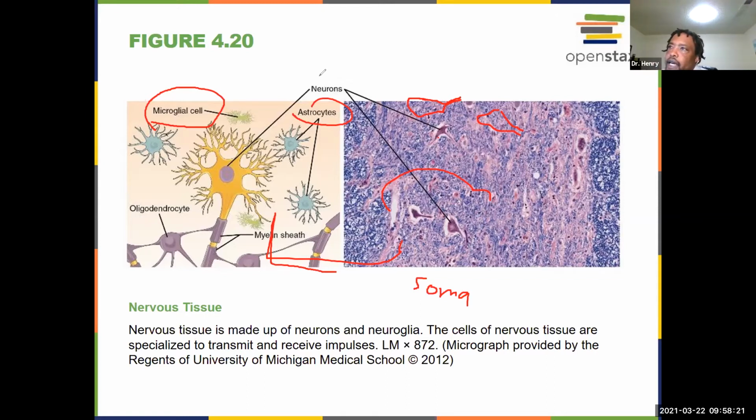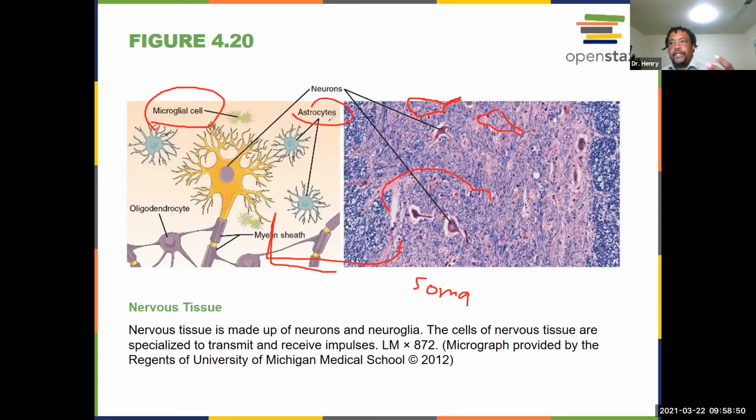Okay. So if you look at the astrocytes, these guys are going to be the most abundant ones. They're star-shaped. They have dendrites on them as well, so you know that they're going to be involved in that touching and feeling, that connection, right? These guys are going to be picking up those impulses, and that's what the dendrites are there for.